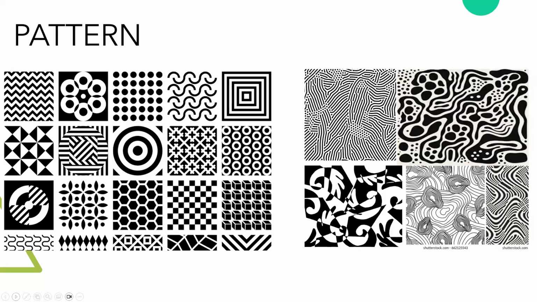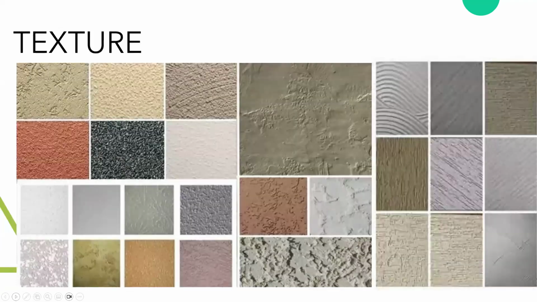So you are likely to see the Western world using things that are on the left-hand side, but our Ankara in Africa, you are likely to see more organic, both line and shape. So when they are repeated, it is referred to as what? Pattern. Texture. Texture gives you an impression of material.